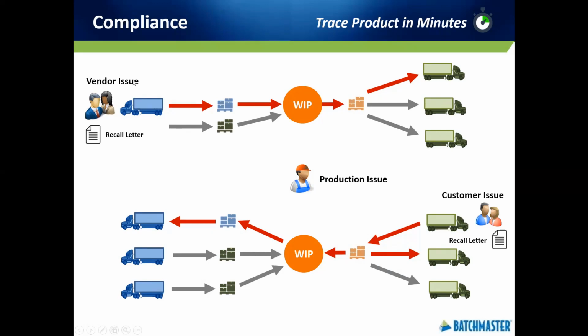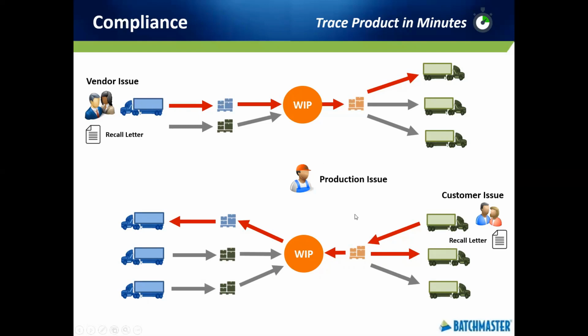Now we may have a vendor issue with one of their delivered products, so we'll track it from receiving, put away, from storage into WIP, and then look at the finished goods that were produced and the finished goods that were shipped to the various customers. In all those particular cases, we can generate recall letters to the customers, and we can do some recall notices as well to the vendors.